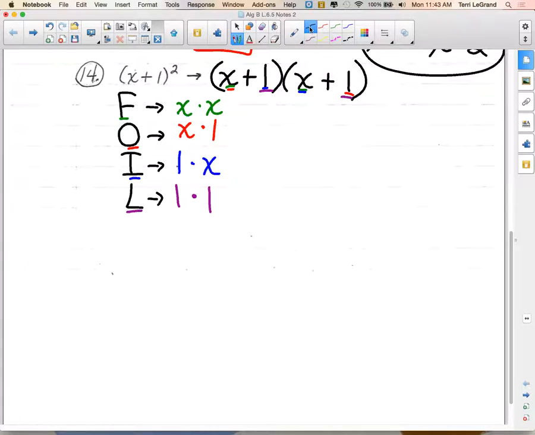You should all have the same multiplications. No other choices here.